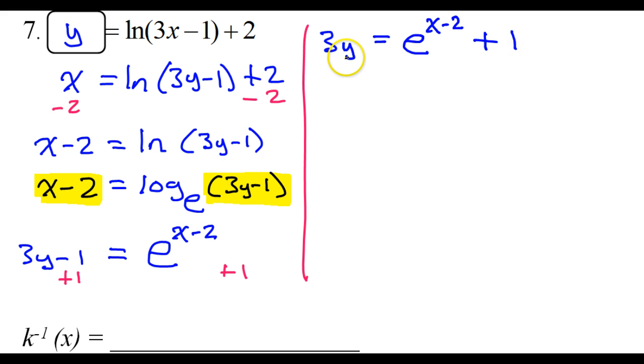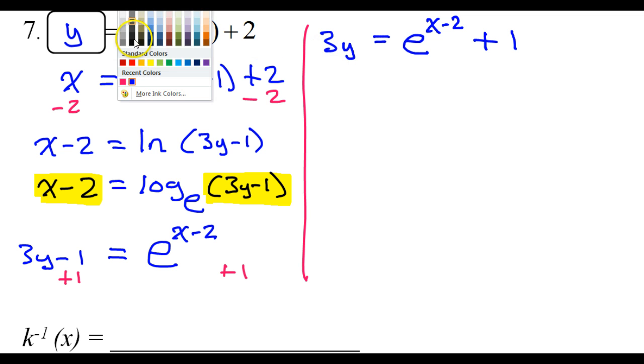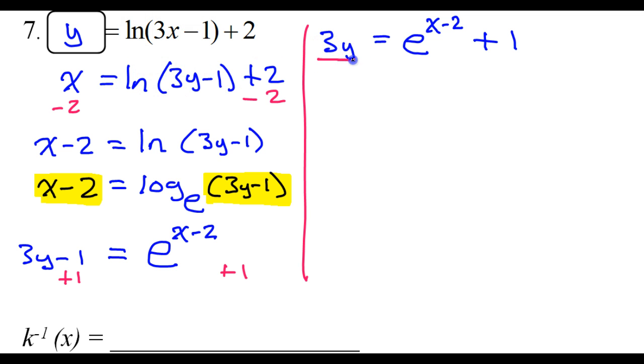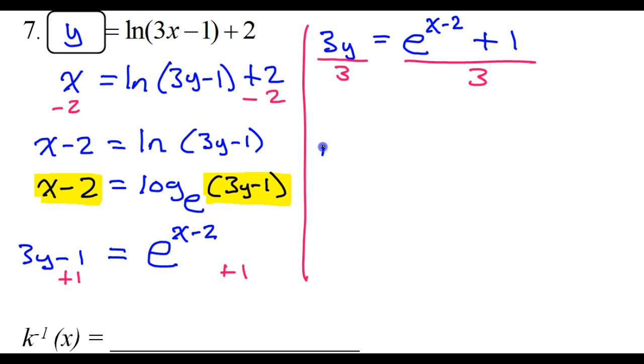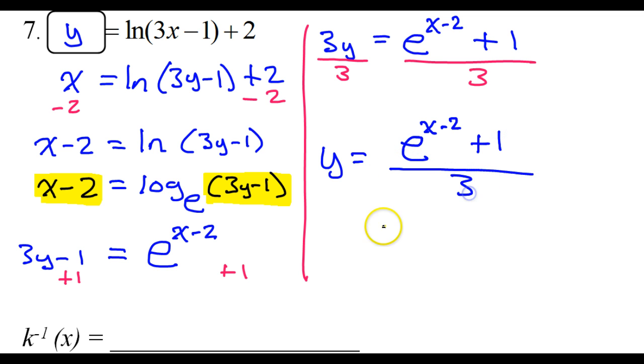Last step to get y by itself, we need to get rid of this 3 by dividing both sides of the equation by 3. Okay, so we will have y equals e to the x minus 2 plus 1 over 3.